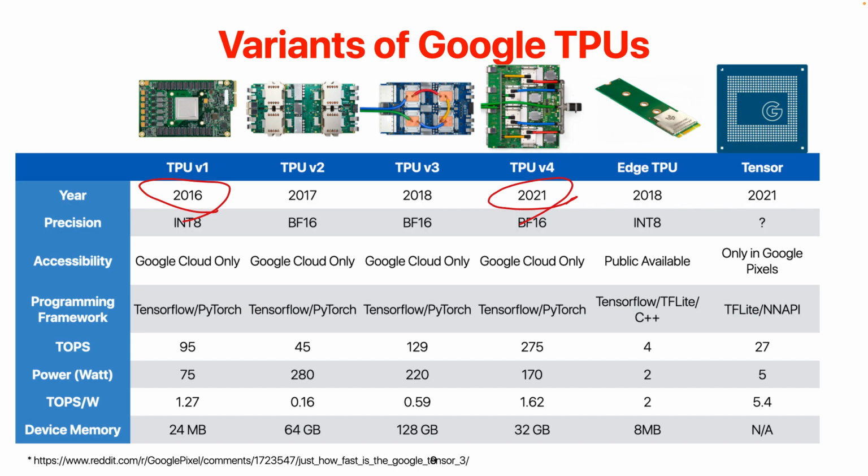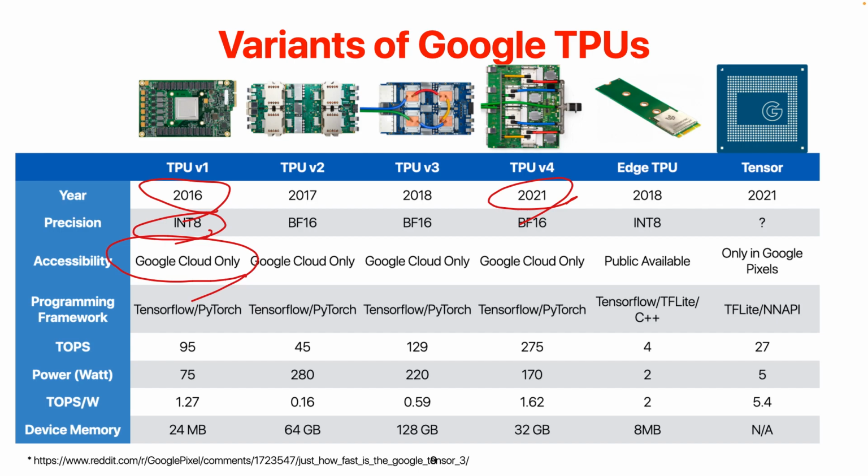And people believe TPU v5 was already in production last year. But there's nothing told about it, so we cannot put a number here, and they didn't announce any number there. And the first generation of TPU, as you learned in the paper, only supports integer computing. So that's 8-bit, right? And it's only accessible in Google Cloud.